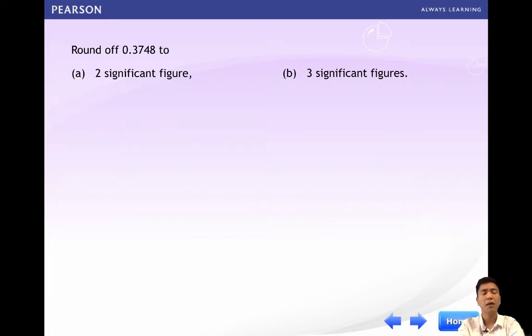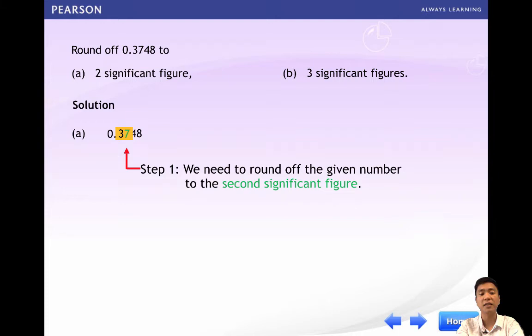How about this? This number is 0.3748. Remember, for a decimal number, the first significant figure is the first non-zero number. So for this number, the first significant figure starts from 3. The second significant figure would be 7. So 3 and 7 are the 2 significant figures.